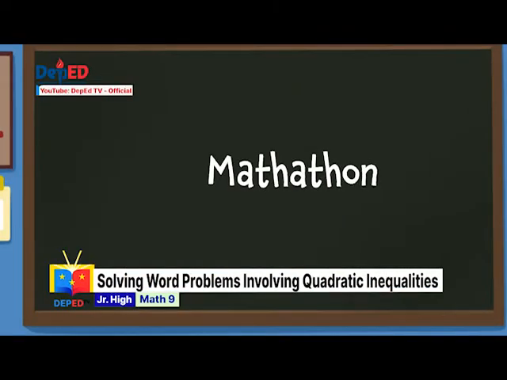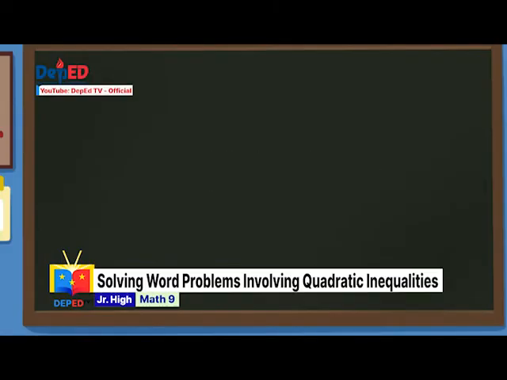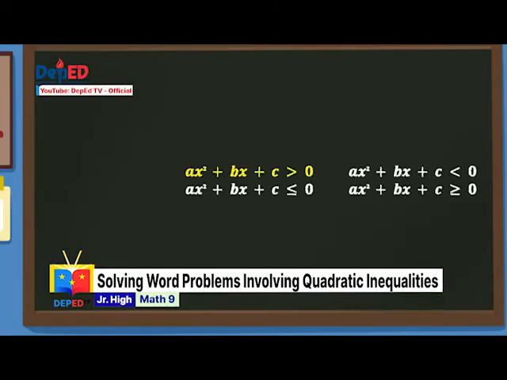In the previous Mathathon, we learned that a quadratic inequality in one variable is an inequality that contains a polynomial of degree 2 and can be expressed in one of the following standard forms, where a, b, and c are real numbers and a is not equal to 0. ax squared plus bx plus c is greater than 0. ax squared plus bx plus c is less than 0. ax squared plus bx plus c is less than or equal to 0.